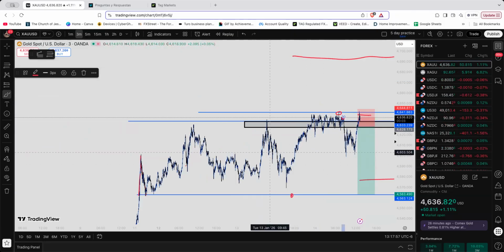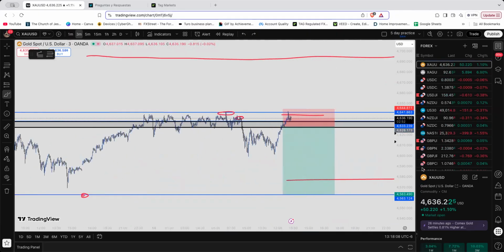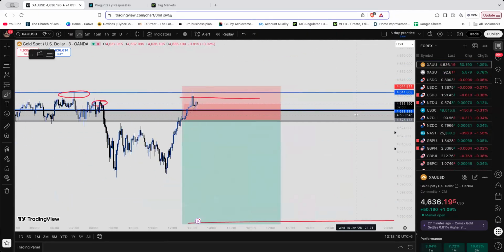If you were in my session yesterday, you made a lot of money because we took this sell and it was 200 pips, right? And it was because of a pattern. So I like to keep it simple. I don't like to put indicators and all that stuff. So usually just patterns, which in this case, a break of structure is a pattern. So that's what I like, to keep it simple.